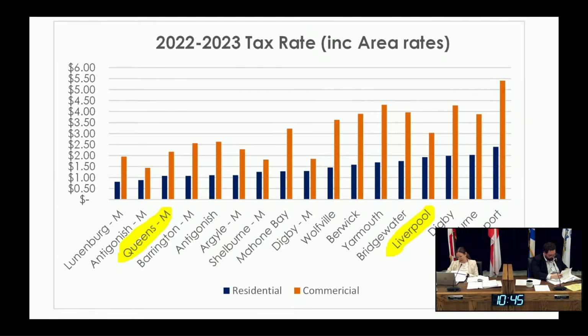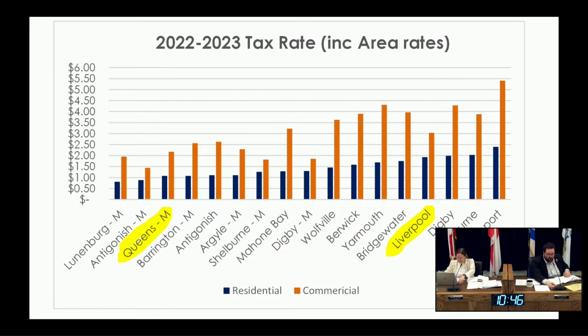I think this is also helpful for residents too, because we often hear about MODL's tax rates, but they are a very large rural municipality, and they don't have any of the infrastructure of the town because it's separate with the town of Bridgewater. So I think this is helpful for not only council members, but also for residents. And I think it also shows us, in looking at commercial rates for our town versus others, how we stand up. So I just really appreciate this, and I know it was a lot to pull together, but thank you.